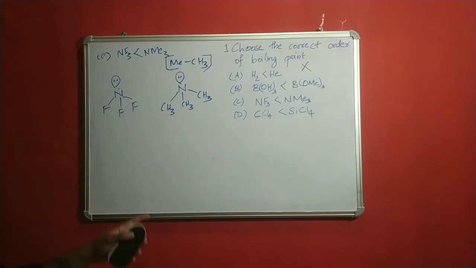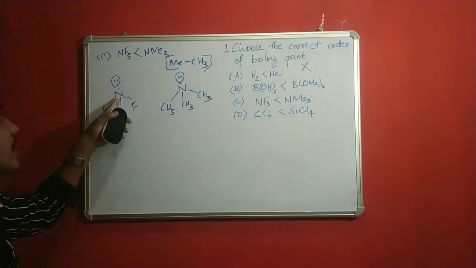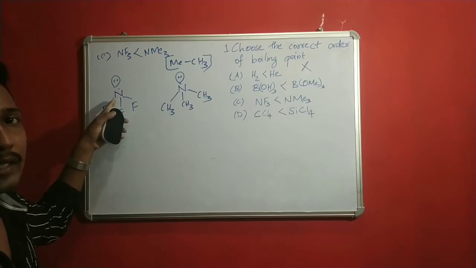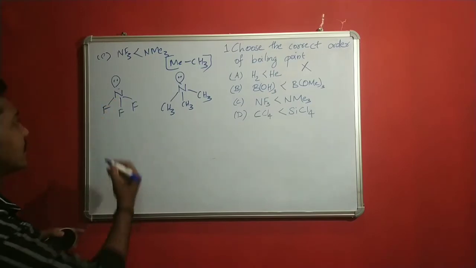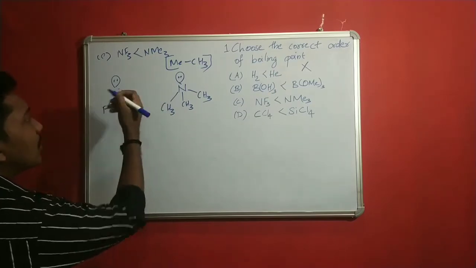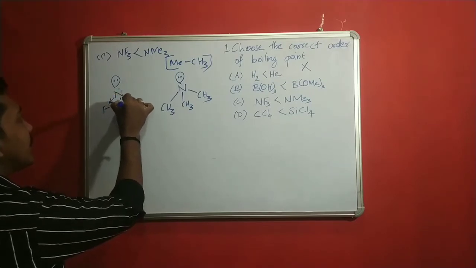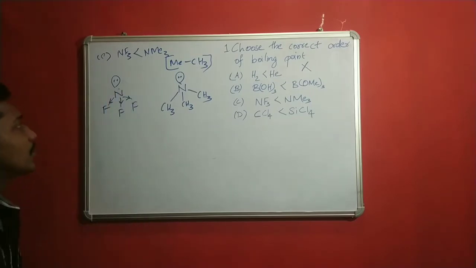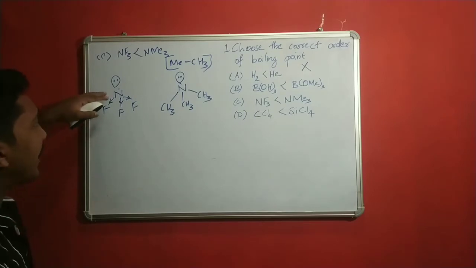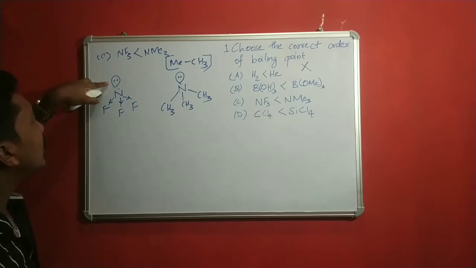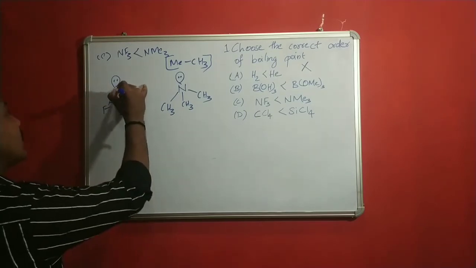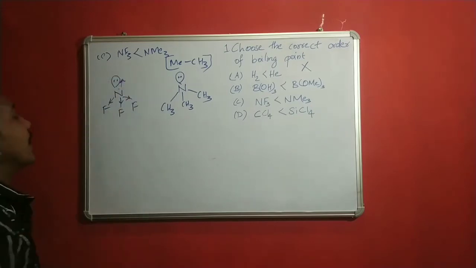While comparing the electronegativity of fluorine and nitrogen, fluorine is more electronegative. So fluorine will attract the electron cloud of the nitrogen towards the fluorine atoms, and in the meantime the lone pair also attracts in the other direction.